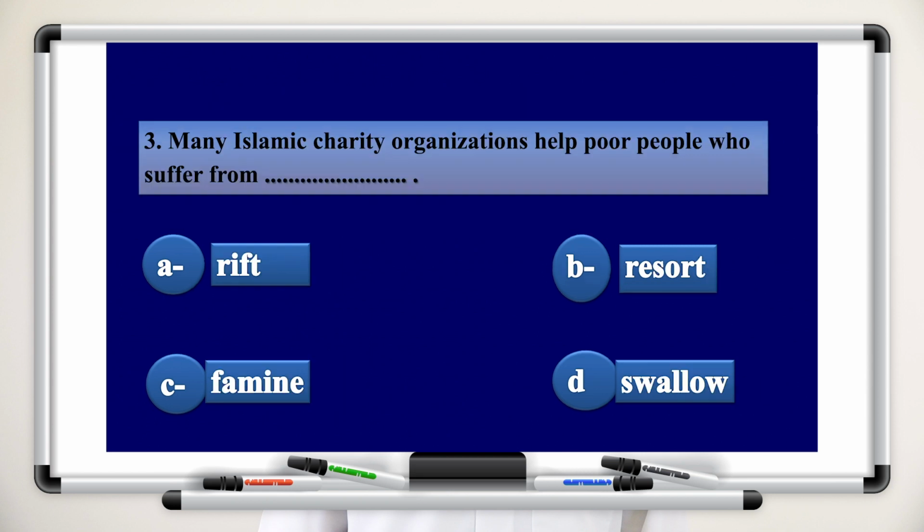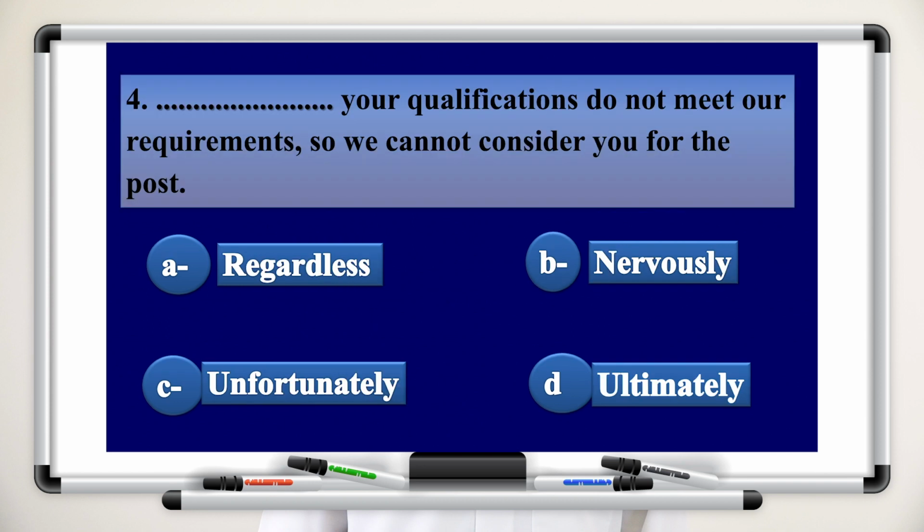Number 3. Many Islamic charity organizations help poor people who suffer from... Poor people, what do they suffer from? Famine. Your qualifications do not meet our requirements, so we cannot consider you for the post. Unfortunately, because this is bad news, they can't consider them for the post.